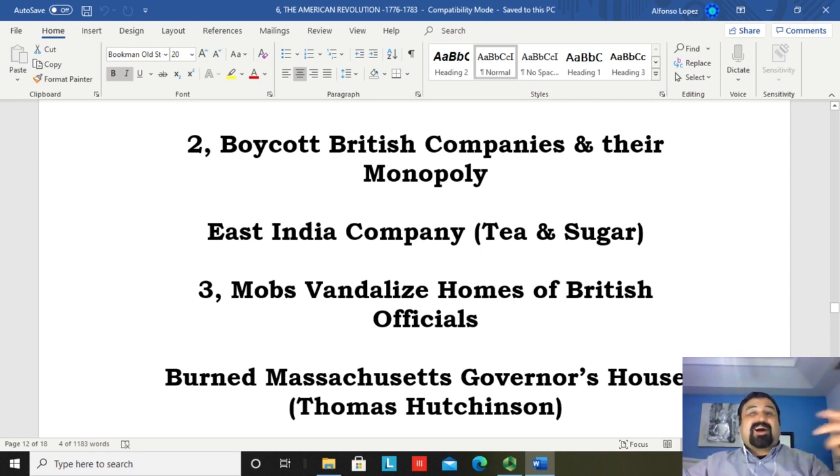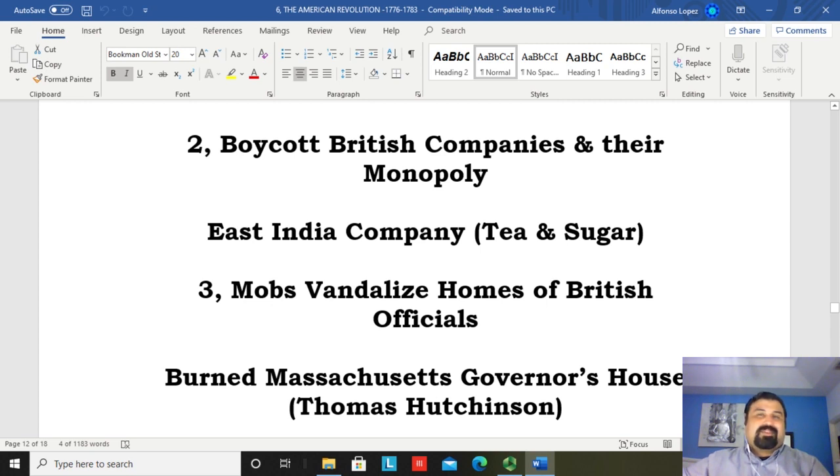So those were boycotts. They were boycotting English trade. In other words, you have to trade outside of the British system. This is patriotic, they would say. It was not all that successful because, as historians have told us in research, people were at this point so accustomed to tea and sugar that they would simply buy it from the British if there was no other option.